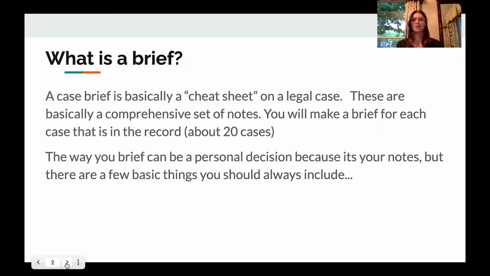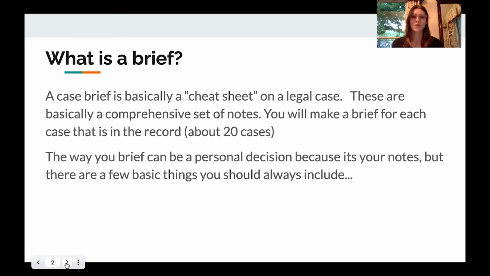I am a rhetoric major, and I have just noticed that the law relies on rhetoric. It uses a different kind of language. It uses legalese, and it relies specifically on the words that it picks. And it picks the word briefs for basically just your notes. That's part of its rhetoric, that it's a brief, but it's your notes.